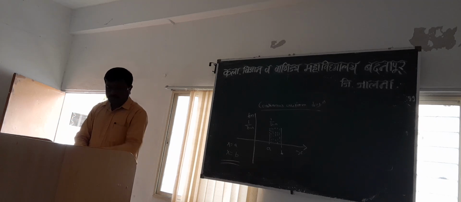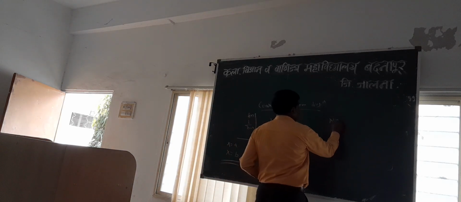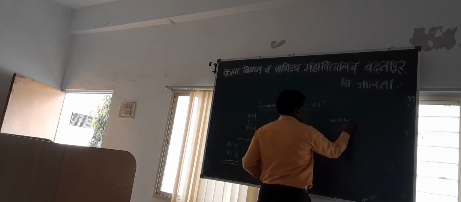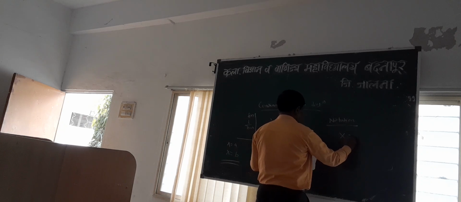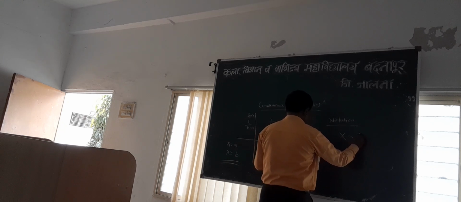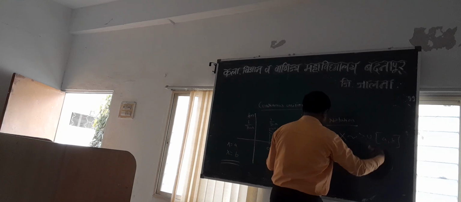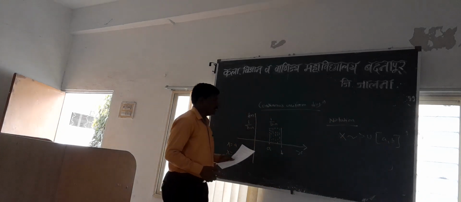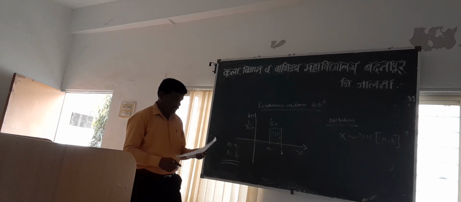And we write the notation of this distribution: X has a uniform distribution with parameters a and b.